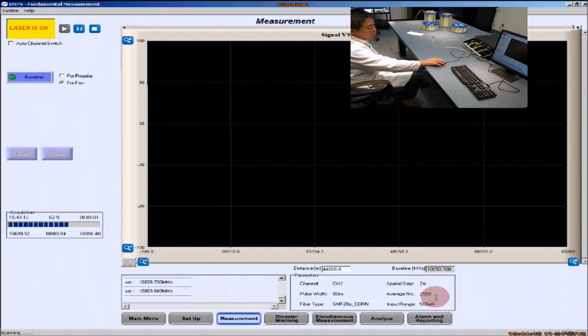So here we are, we're getting our baseline reading. We're now about 64% of the way through. So you can see it does take roughly the same amount of time as before. We've taken about a minute so far, and as we had before, it takes about a minute and a half to take those readings.